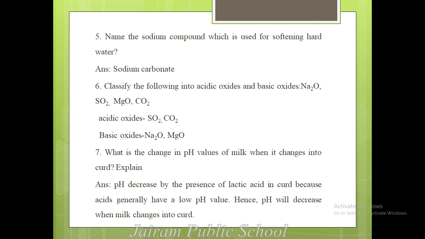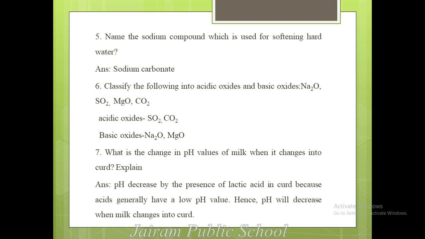You have to separate which are acidic oxides and which are basic oxides. The acidic oxides are SO2 and CO2, that is sulfur dioxide and carbon dioxide. The basic oxides are sodium oxide and magnesium oxide. So questions like this will come; you have to find which are acidic oxides and which are basic oxides.